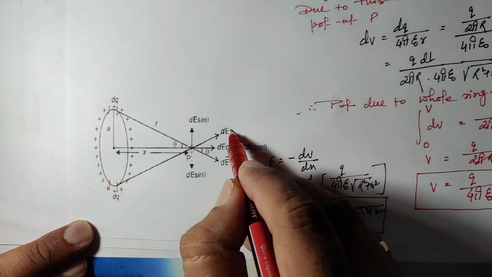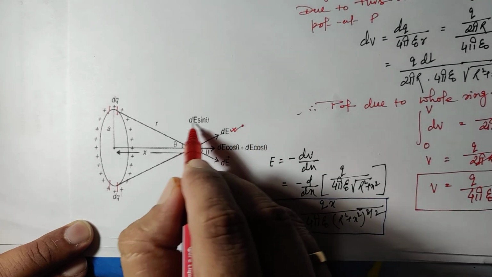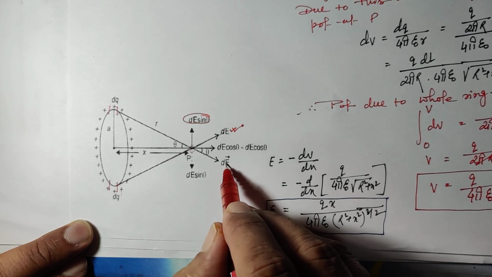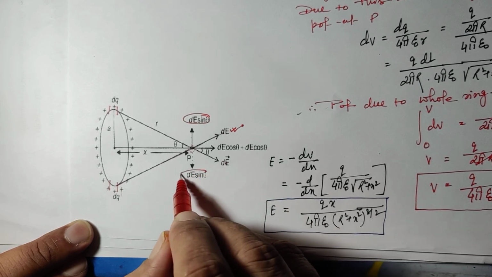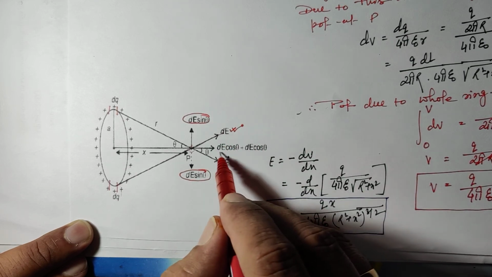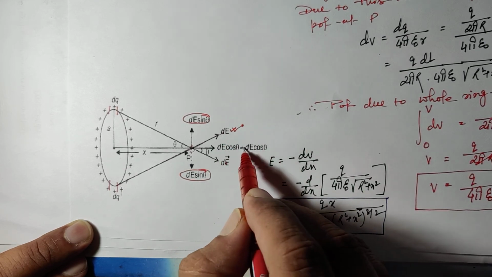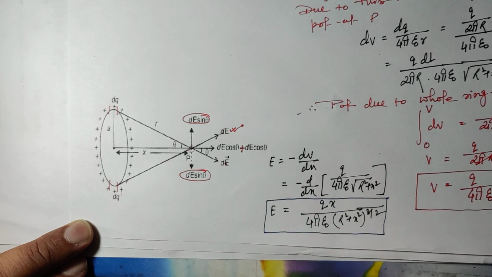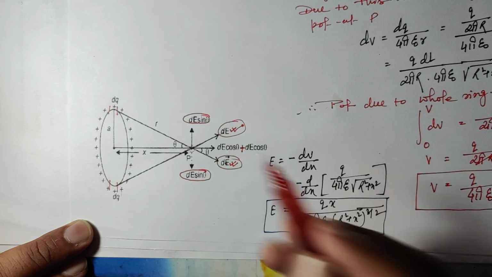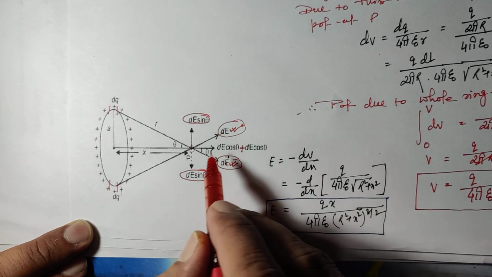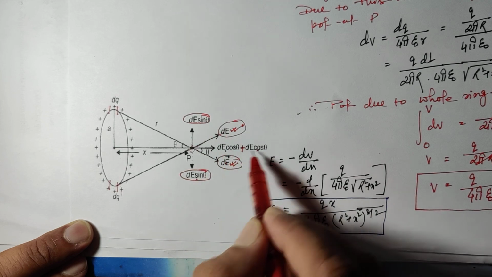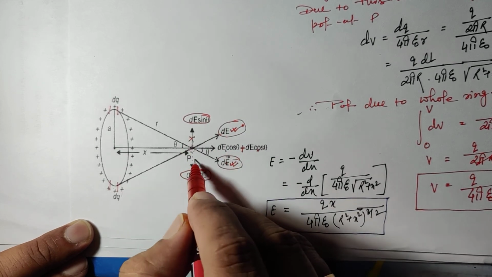On resolving this dE, we will get dE sin theta vertically upward. In the same way, on resolving the other dE, we will get dE sin theta vertically downward. The other components will be dE cos theta and dE cos theta, so they will be added together. These two dE sin theta components will cancel each other.